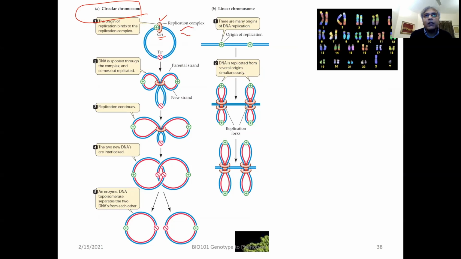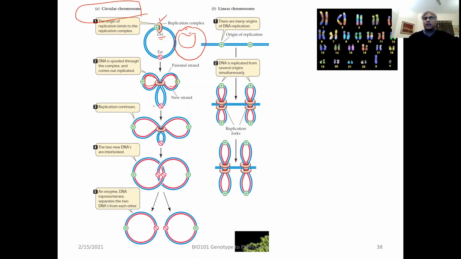Hydrogen bonds will be broken. The rest of the DNA is still circular like this. But here it is broken, and now RNA primase comes and starts replicating. It starts making the complementary copy of DNA, and then it has to resolve these structures because there are coils coming in.